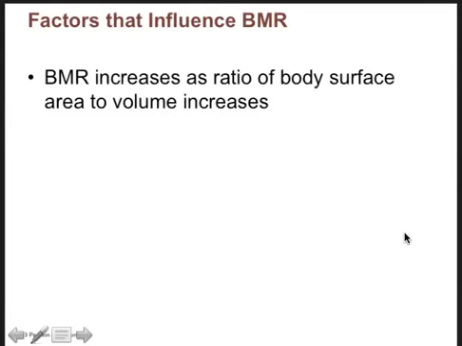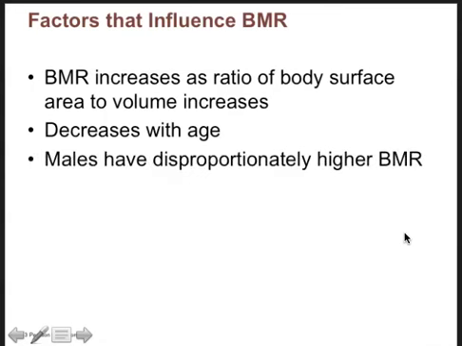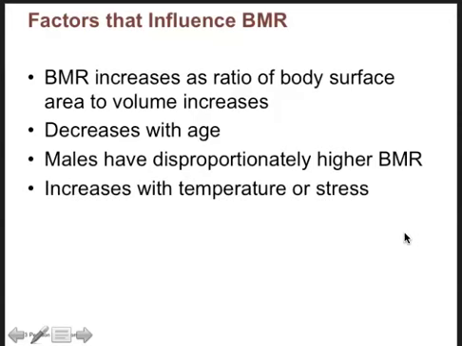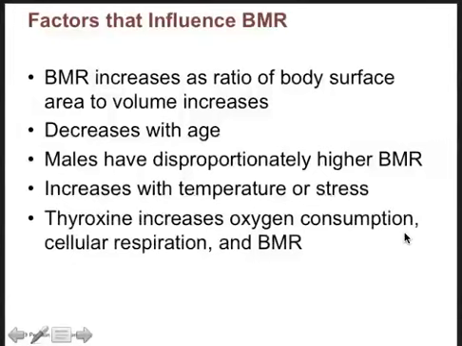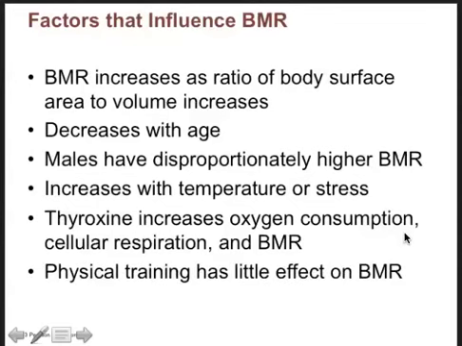Your BMR increases as the ratio of body surface area to volume increases. It declines with age. Males have disproportionately higher basal metabolic rates primarily due to testosterone levels. It also increases with temperature and stress. Thyroxine increases oxygen consumption, cellular respiration, and basal metabolic rate, and physical training generally has little effect on basal metabolic rate.